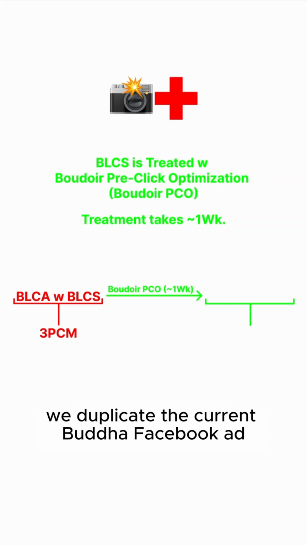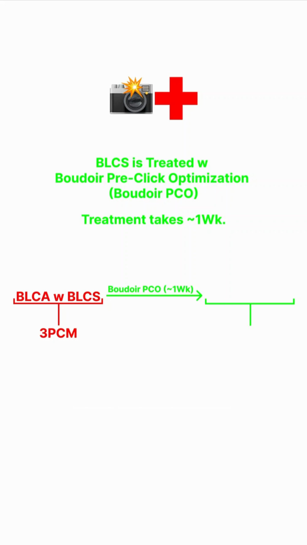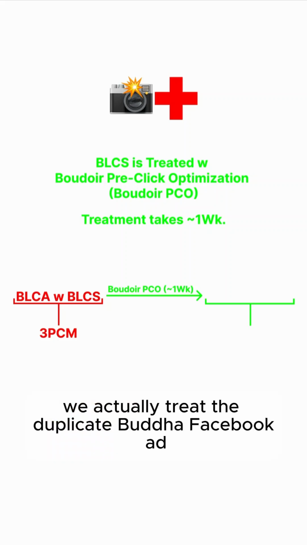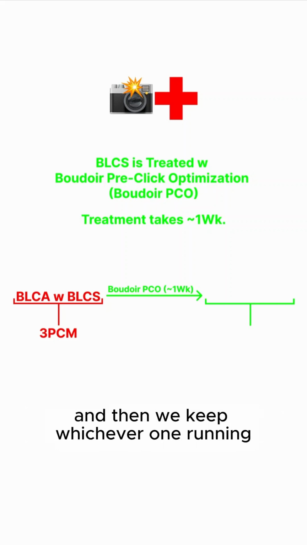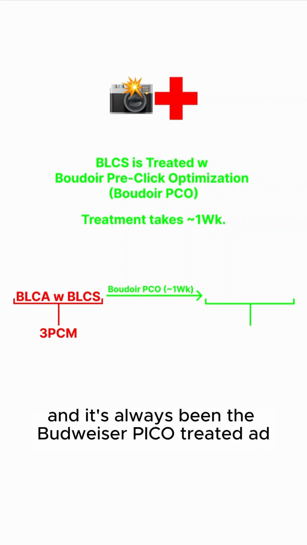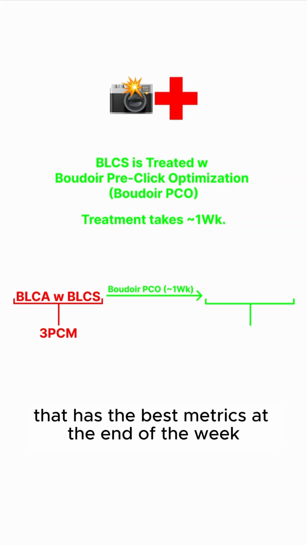What we do is we duplicate the current Boudoir Facebook ad, leave the original as it is, and we treat the duplicated Boudoir Facebook ad. That takes about a week, and then we keep whichever one has the best metrics running. And it's always been the Boudoir Pico treated ad that has the best metrics at the end of a week.